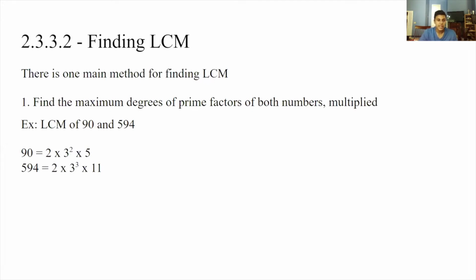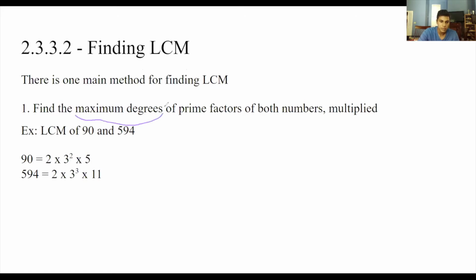So our method says, find the maximum degrees of prime factors of both numbers. I'm going to circle part of this definition and explain what this means, because it might be a little bit confusing. It's the words maximum degrees. A degree of a number is essentially just what exponent it has. What I mean by that is if a number has an exponent, then it's a degree of whatever number has that exponent.